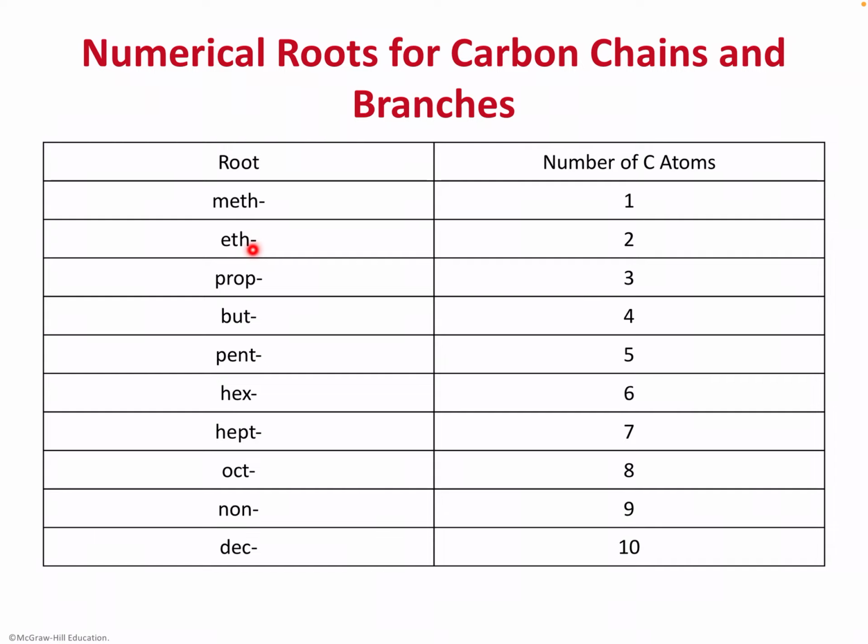If it is an alkane, then it would be ethane. 3 would be propane. 4, butane. 5, pentane. 6, hex. If it is an alkane, it would be hexane. And then hept for 7, oct for 8, non for 9, dec for 10. And if these are alkanes, they would go like heptane, octane, nonane, decane.